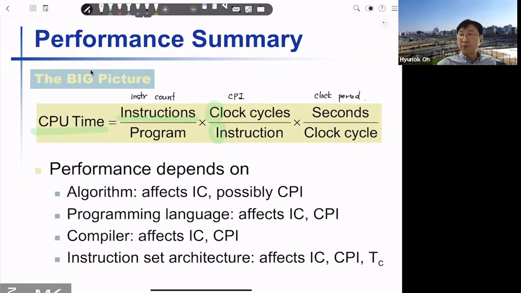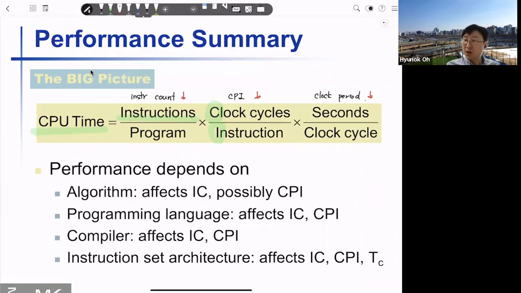So we have to reduce each value, and then we can improve the performance. In this class, we are trying to minimize the instruction count, the CPI, and also the clock period.